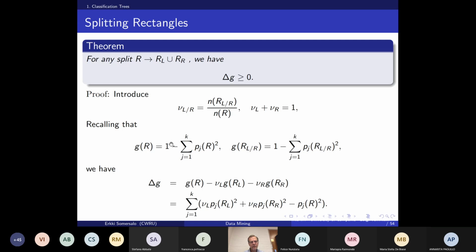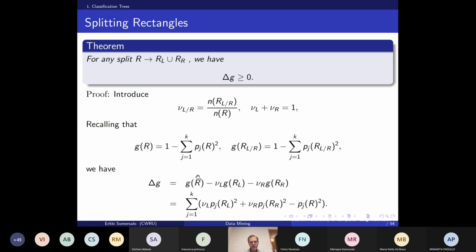And you see that these ones cancel, because this one here is multiplied either by new L or new R, and since the sum is 1, they cancel the 1 in this Gini index G_R.